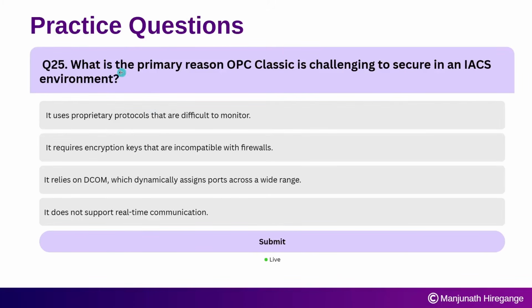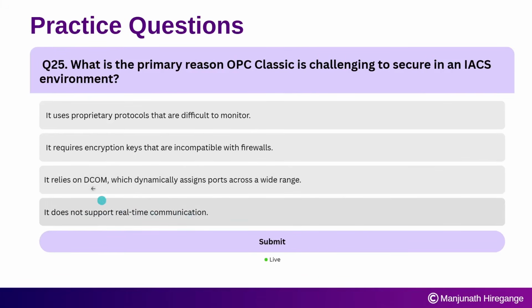Question number 25. What is the primary reason OPC Classic is challenging to secure in an IACS environment? It uses proprietary protocols that are difficult to monitor. It requires encryption keys that are incompatible with firewalls. It relies on DCOM, which dynamically assigns ports across a wide range. It does not support real-time communication.